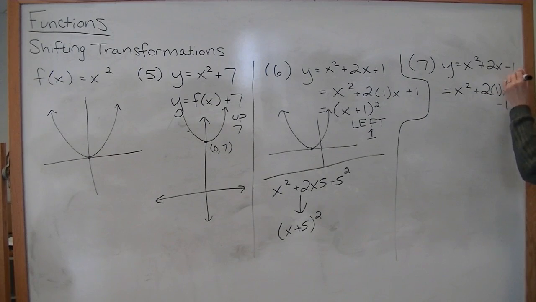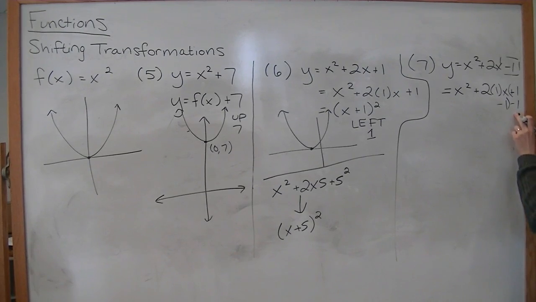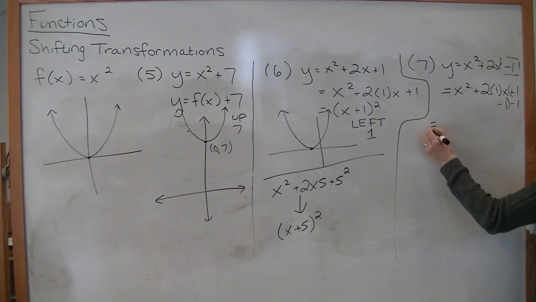And then I need to remember to bring this subtracting 1 that's already in my function down there too. So these guys just become 0. I'm adding 1, subtracting 1. I'm not changing the equation at all. And then this one came from my original equation.